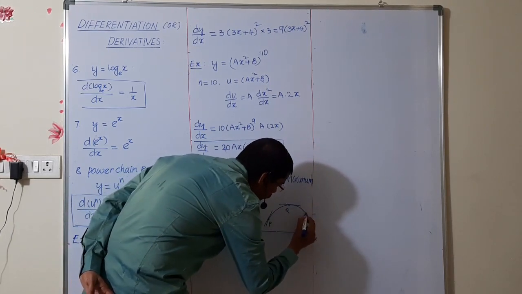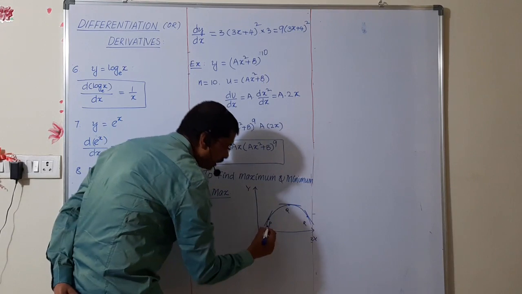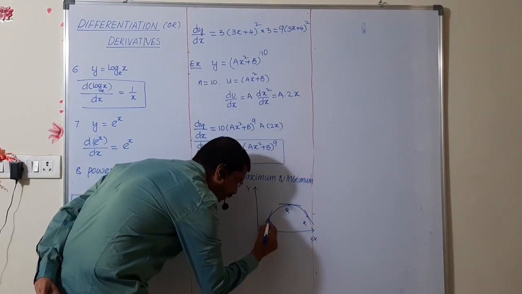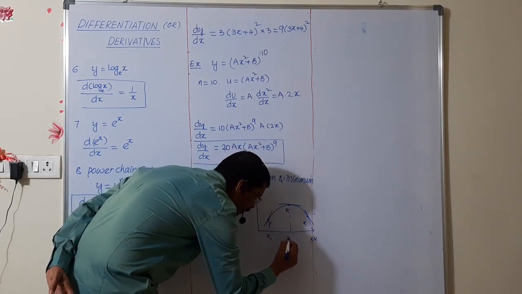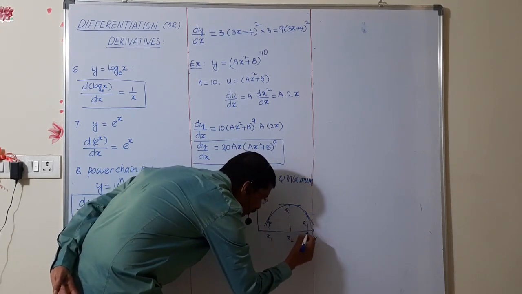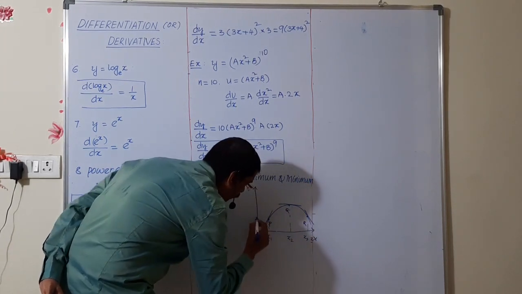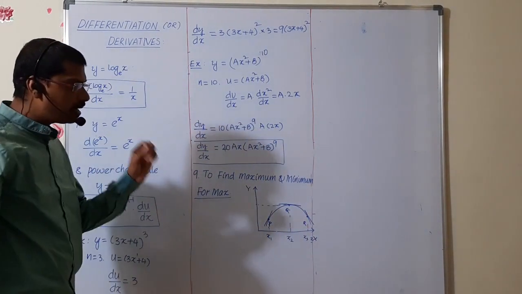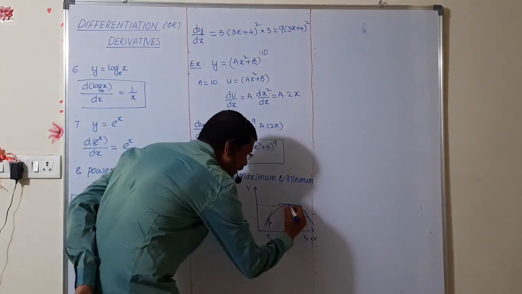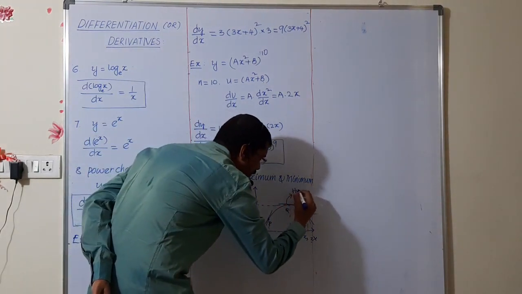Here also tangent. Here also tangent. Generally also we can discuss this is x1, x2 and x3. If you take the distance in this graph, which one is the highest point? The Q is the highest point.